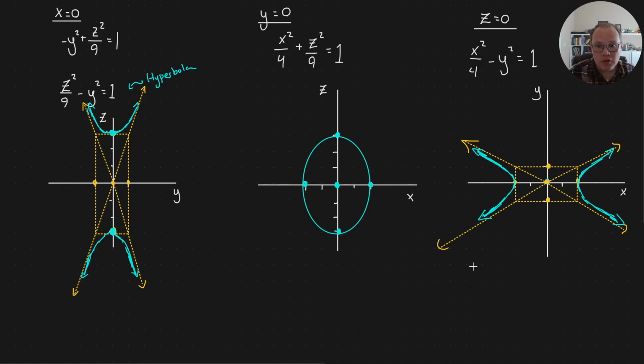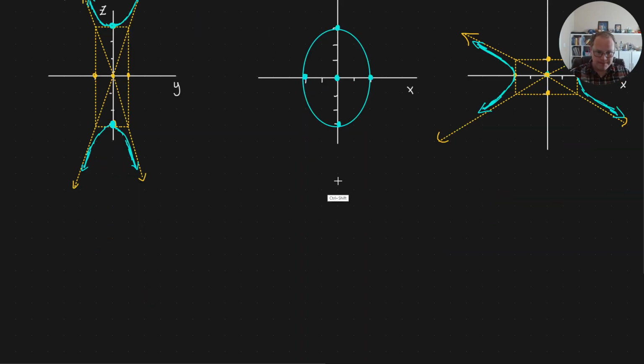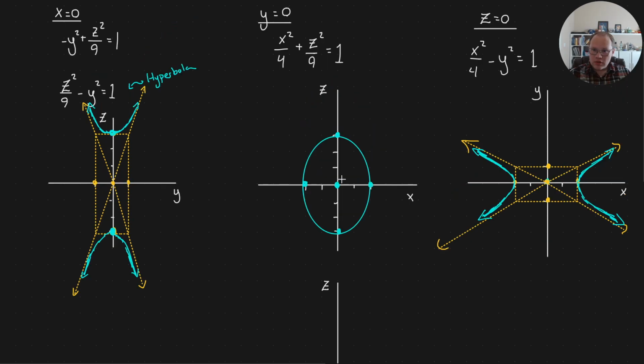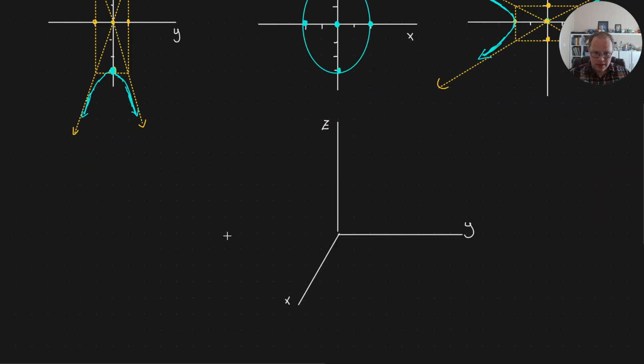Let's see what happens when we put these 3 graphs, these 3 traces, into the 3-dimensional space. Okay? X, Y, Z. So I'll start with this in the YZ plane. Nice thing about this in the YZ plane is the YZ plane is the one that's facing us, right?